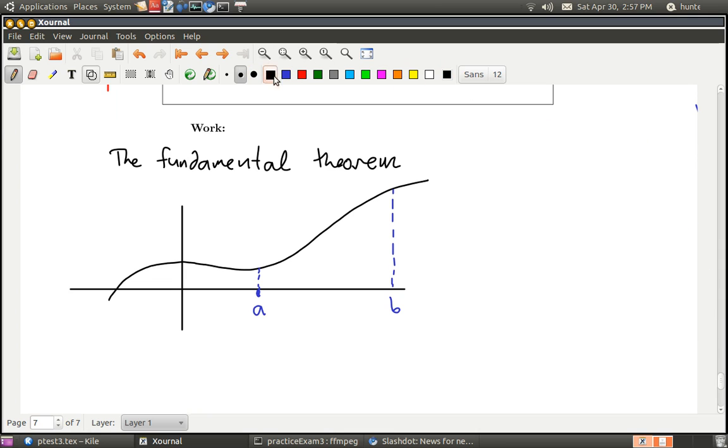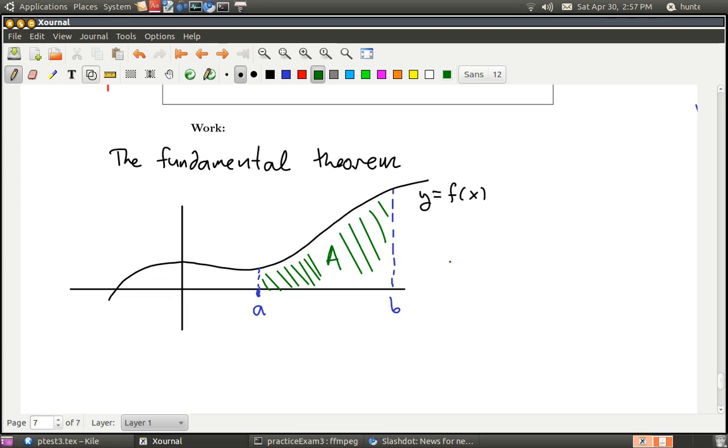now this black curve is y equals f of x, and I'm going to be talking about the area under the curve between A and B. Okay, so that's what I'm going to call, let's use green A here for area.